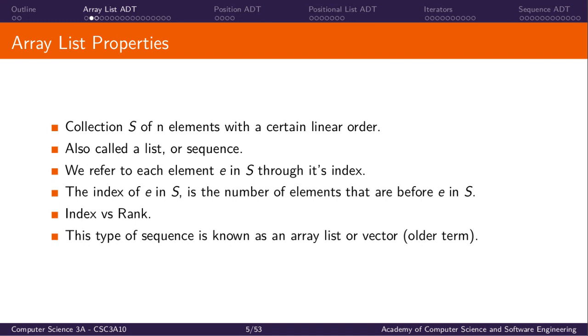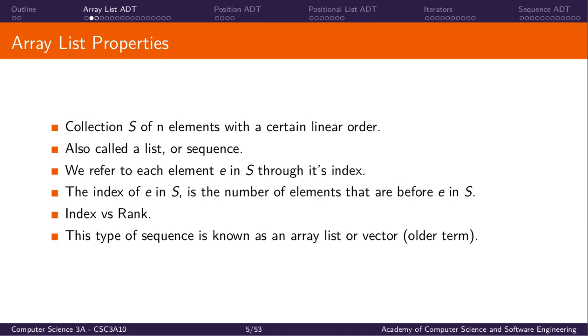And if we add the idea of an index, right, that we're able to refer to an element within that list by using the index, which is simply the number of elements that occur before it, then that makes it this array list of ours. All right. Note that this type of sequence is also known as an array list or vector, which is an older term, but it's not equivalent to the array list that we have in Java.